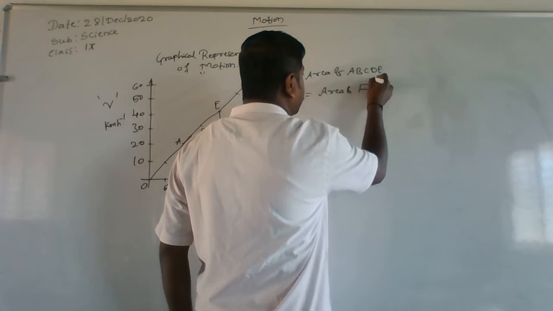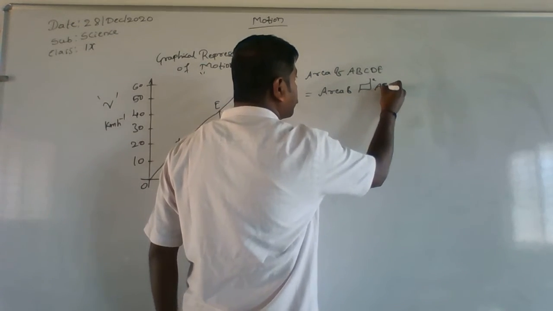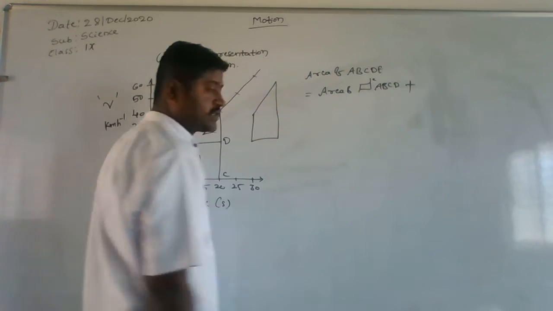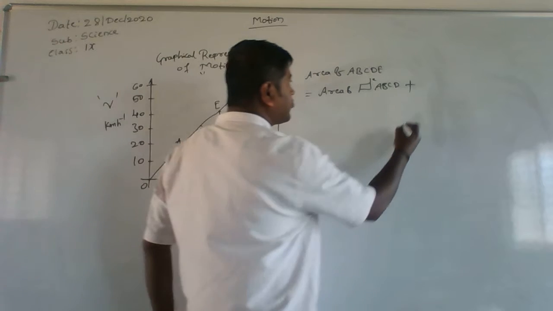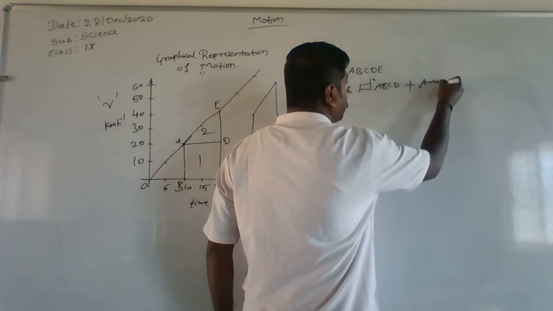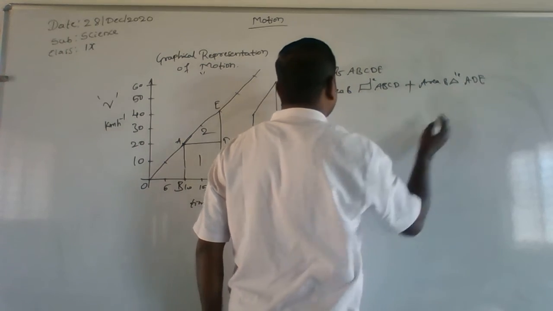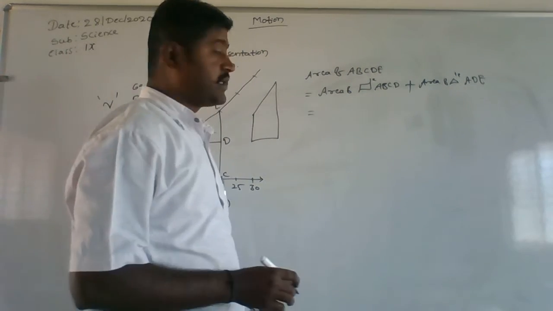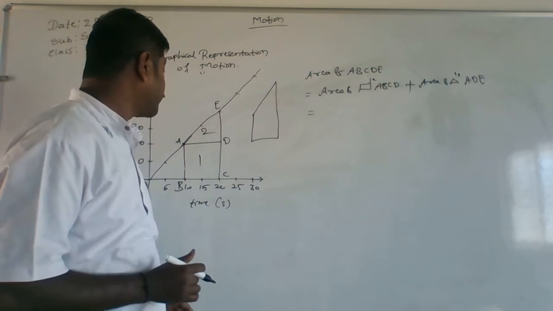Area of rectangle ABCD plus area of triangle ADE. So what is the formula for the area of a rectangle? It is length into breadth.